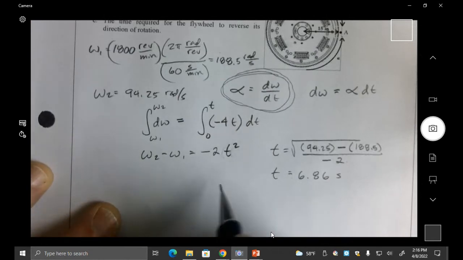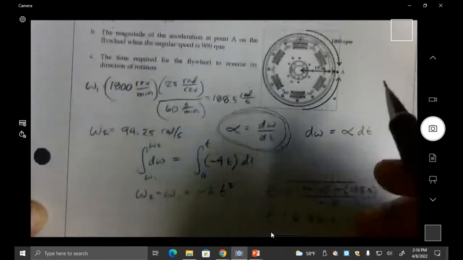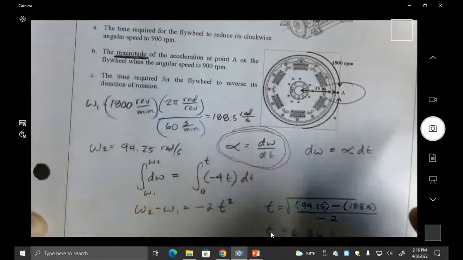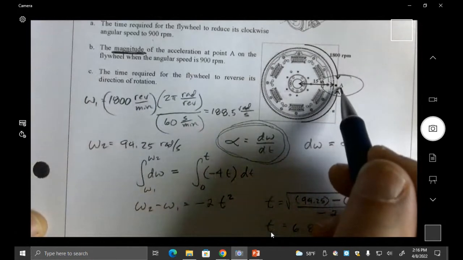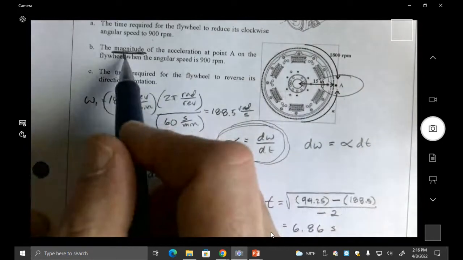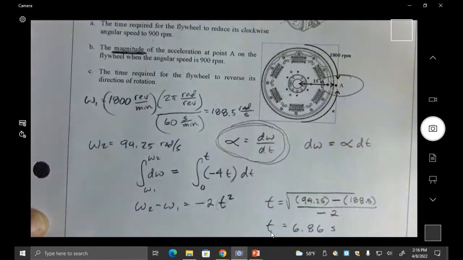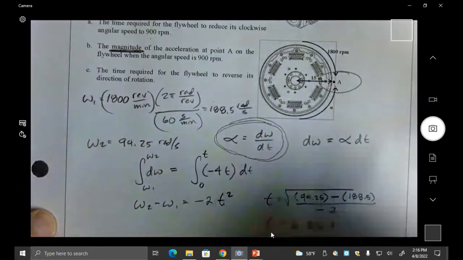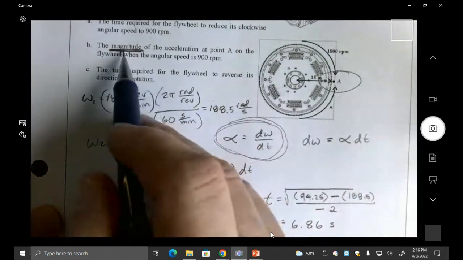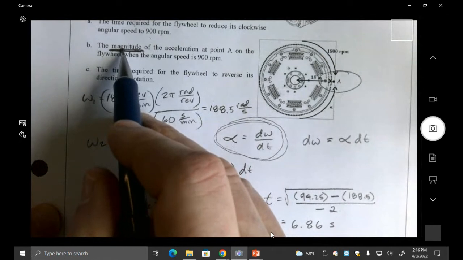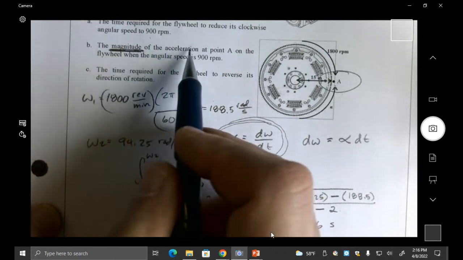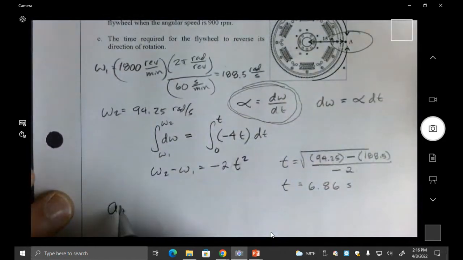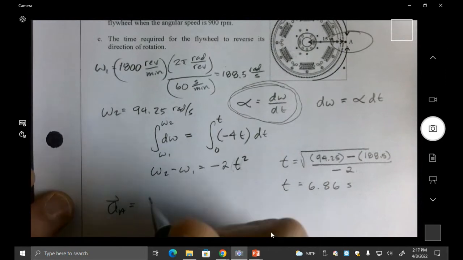Really important. For B, they want the magnitude of the acceleration at point A, and magnitude is the operative word. We know there are going to be two separate accelerations. There's the normal acceleration, which goes inward, and there's also a tangential one. I could have asked for the total acceleration as a vector too.